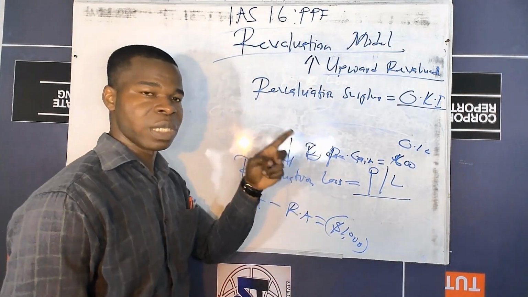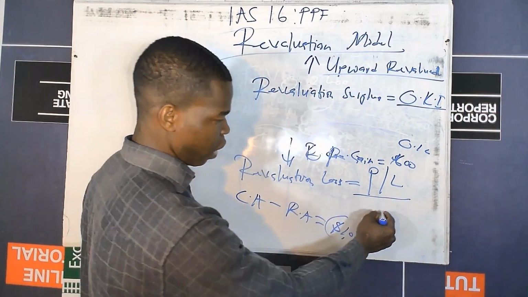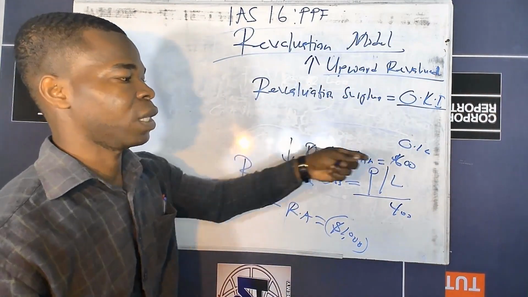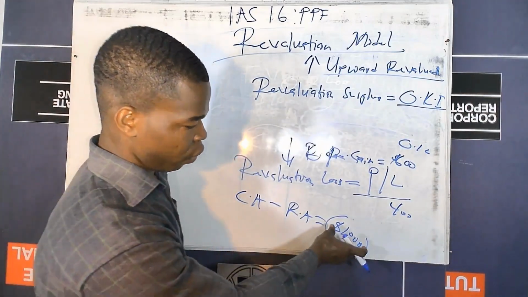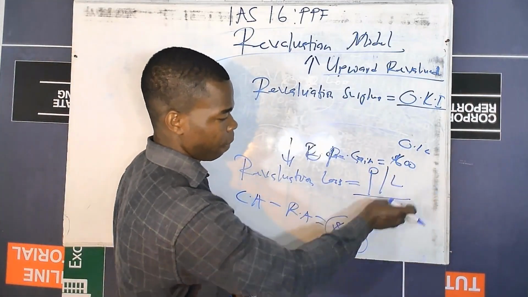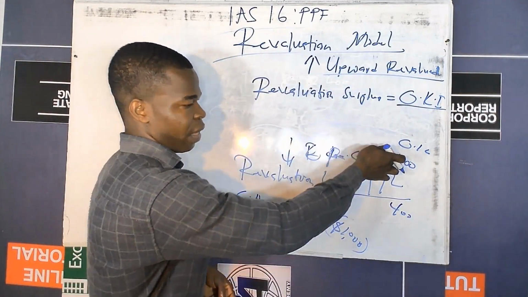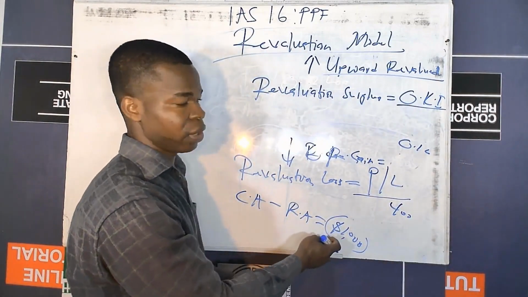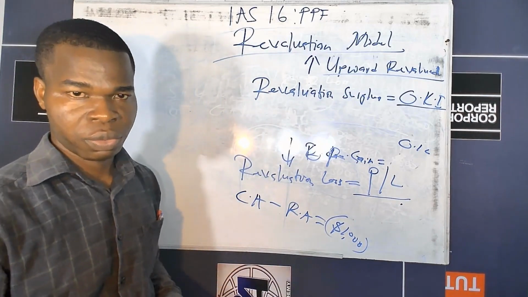Then if you want to send the revaluation loss to your P&L, you can only send 400, because that particular asset already has a revaluation gain in the books, an opening one. So you have to adjust it with this one before the remaining one will go. In the case where the gain is sufficient to cater for all the loss, then nothing goes to the P&L account as a revaluation loss.